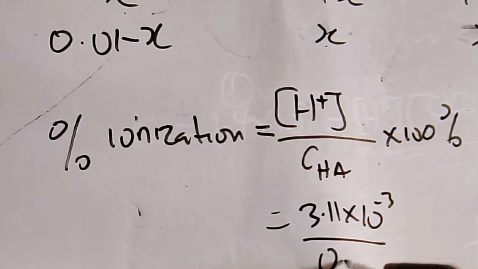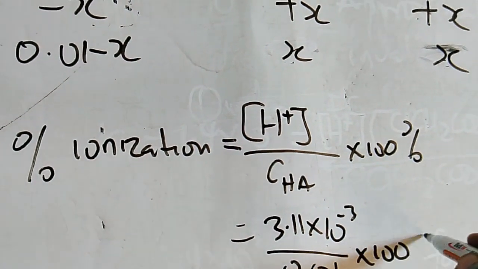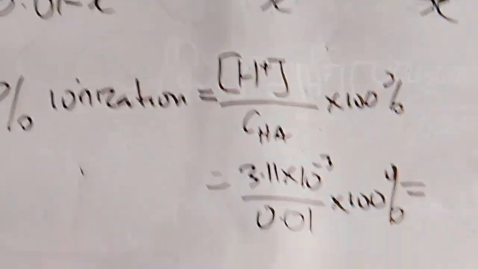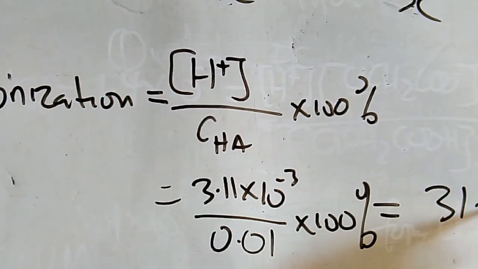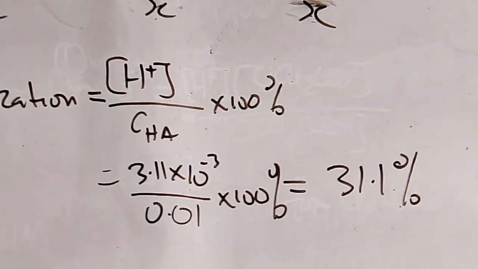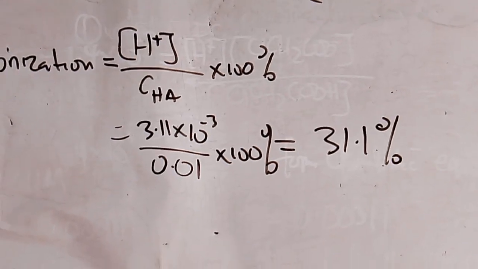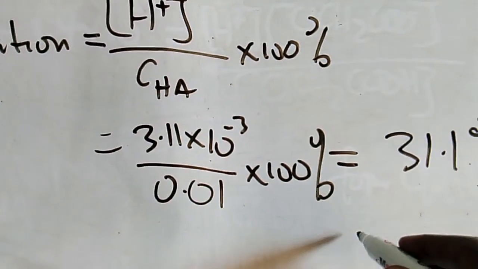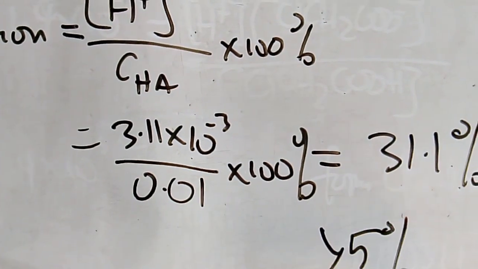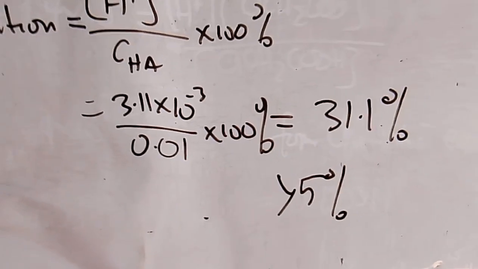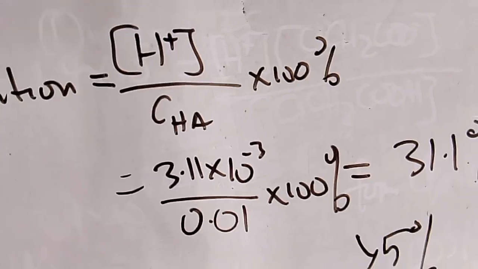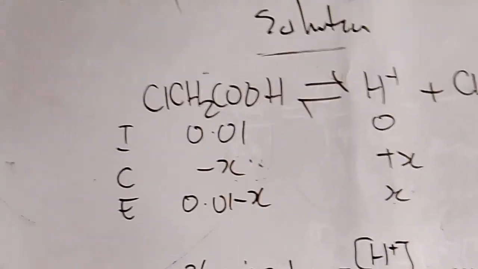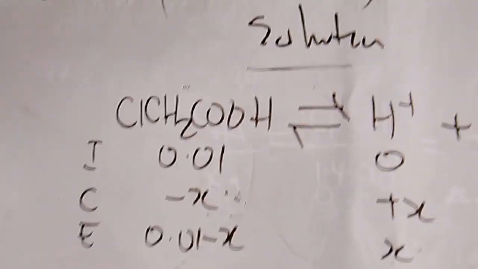The concentration of the acid is given as 0.01, times 100. When you do your calculations, you find it is 31.1%. You can see it is greater than 5%, so here the 5% rule does not apply.